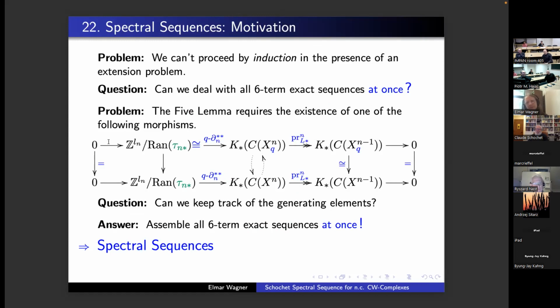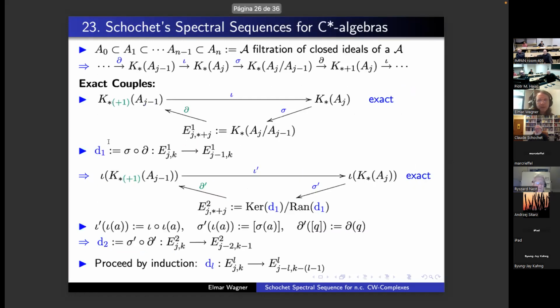It should be a sequence to sequence map. You shouldn't just divide. It should be a map between K theories. You have a 6-term exact sequence in K theory of one, and a 6-term exact sequence in K theory of the other, and there's a map between these two sequences. Yeah, precisely. That's what you are going to do, right?